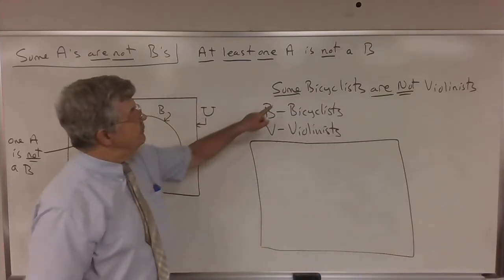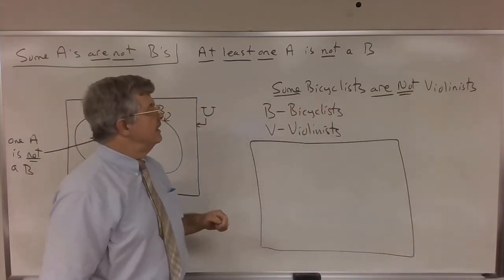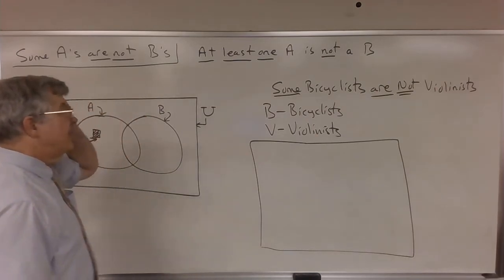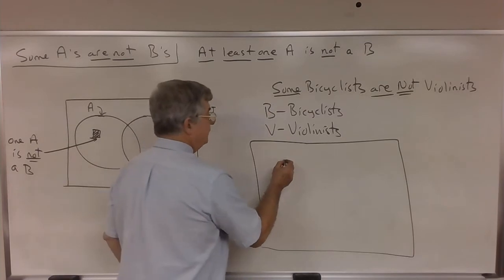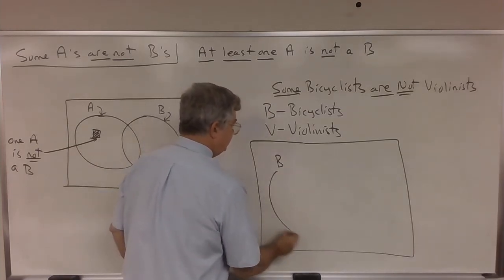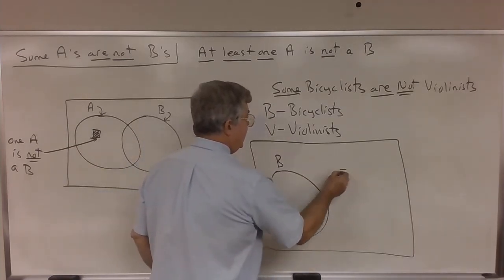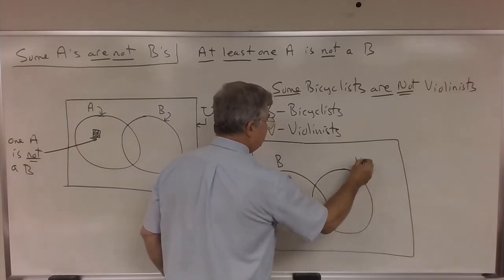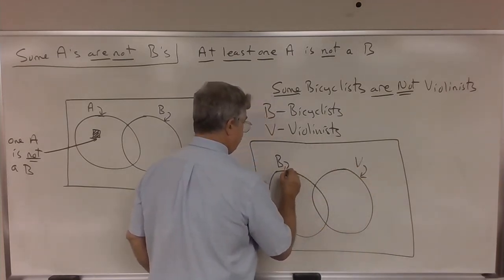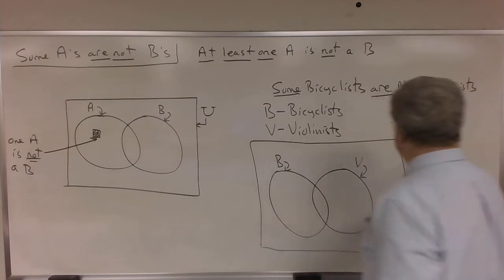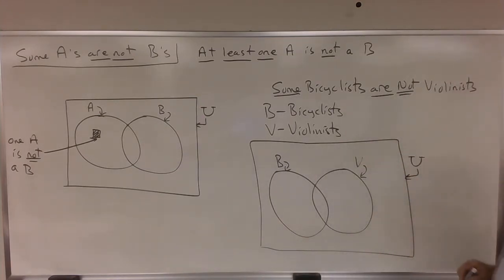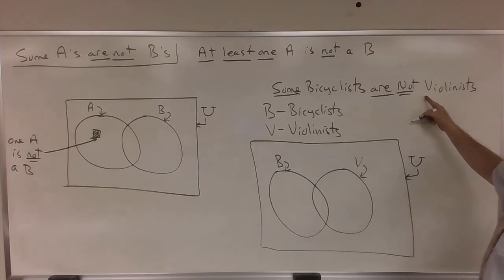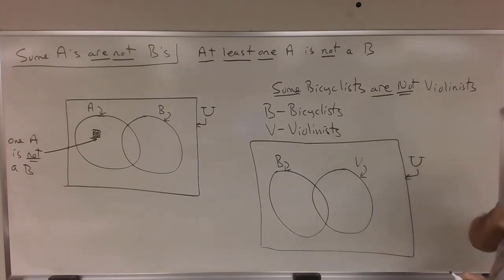And to say that some are not is exactly the same as saying at least one is not. So we have the bicyclist circle, and we have the violinist circle. And this is our universe right here. Some bicyclists are not violinists.